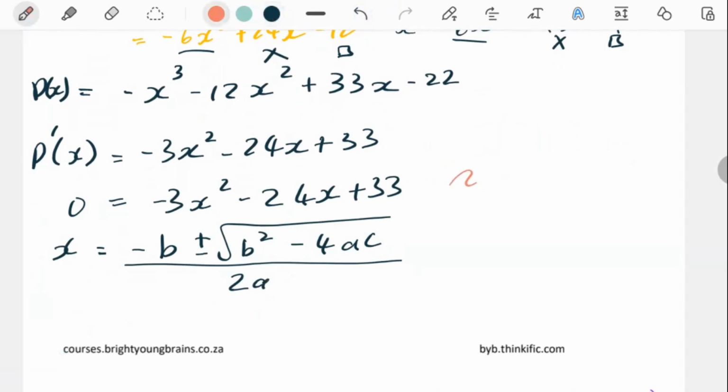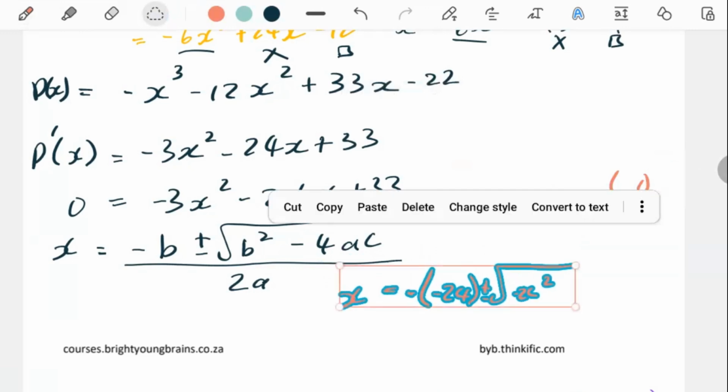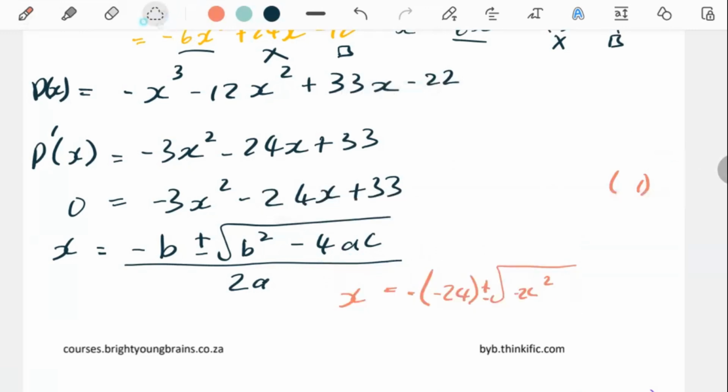So this so far is quite straightforward. Our b value is negative 24, plus or minus b squared, that's negative 24 squared, minus 4.